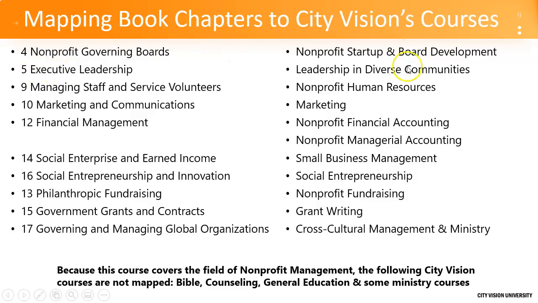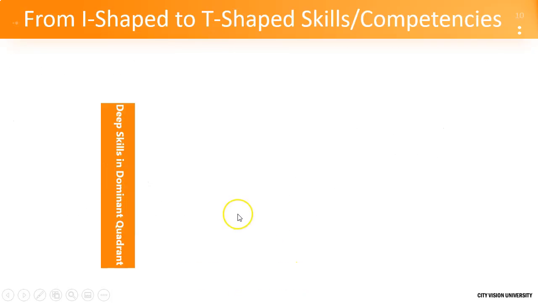Then there's a chapter on leadership. We have a course on leadership. Then managing staff, that's human resources, marketing is a marketing course, financial management. And we've mapped all of the chapters or most of the chapters to key courses we have. Now we have courses beyond this, and a lot of courses we offer aren't mapped. So our Bible courses or counseling courses, general education, and some ministry courses.